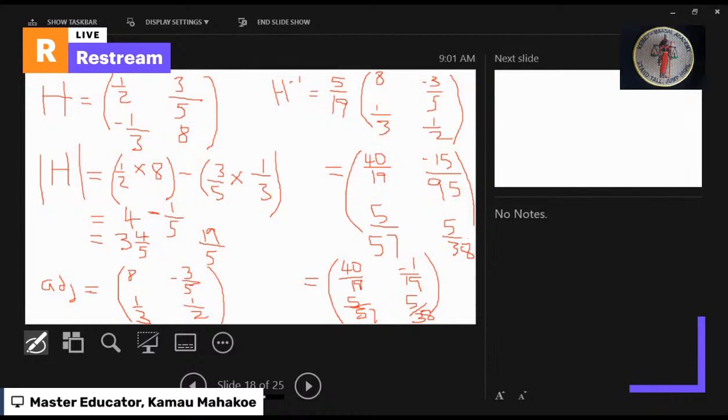Jada Karsa is saying, I understand, which is awesome. So hopefully everybody understands. And the next time we do matrices, we'll decide if we have to do some more of this or go on to using the inverse of the matrix to solve simultaneous equations.